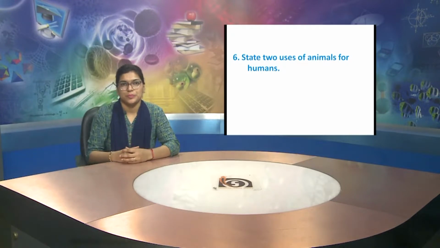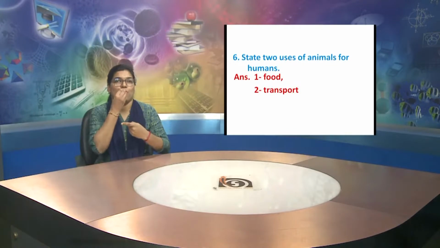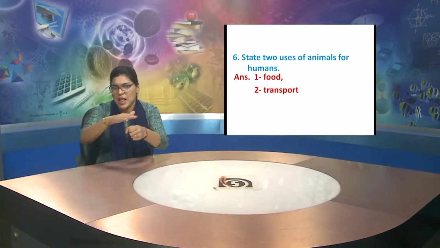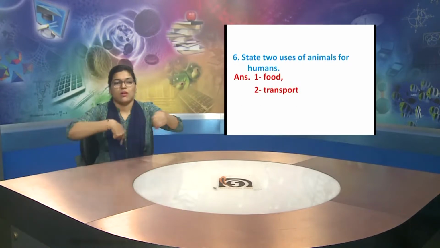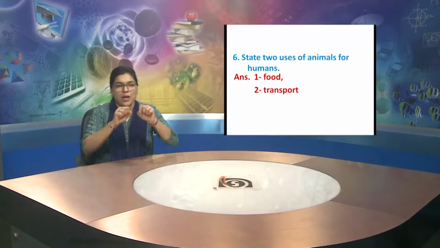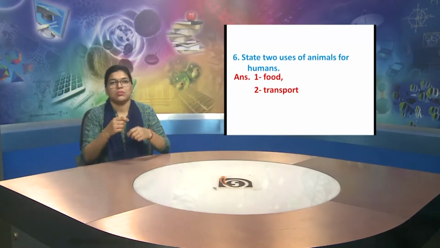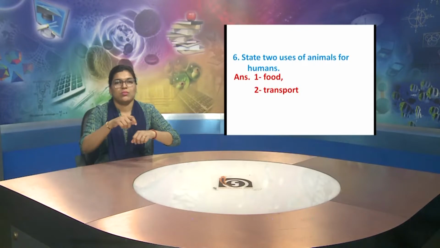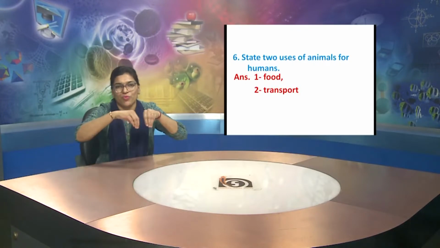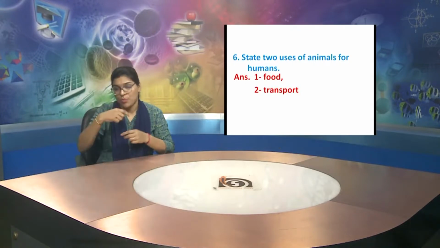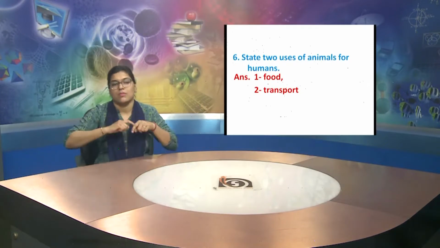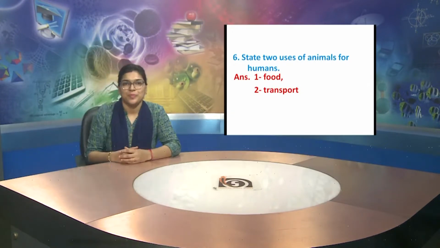Let us see the answer. The first use of animals is that they were used as food, and the second use is that animals were used for transportation from one place to the other. So humans used animals for food and transport.